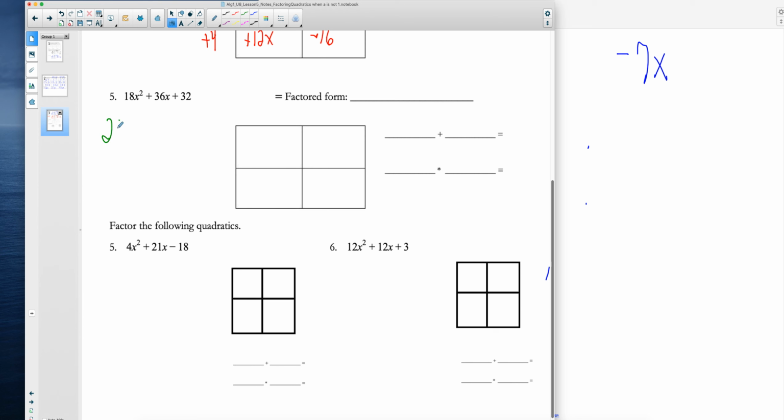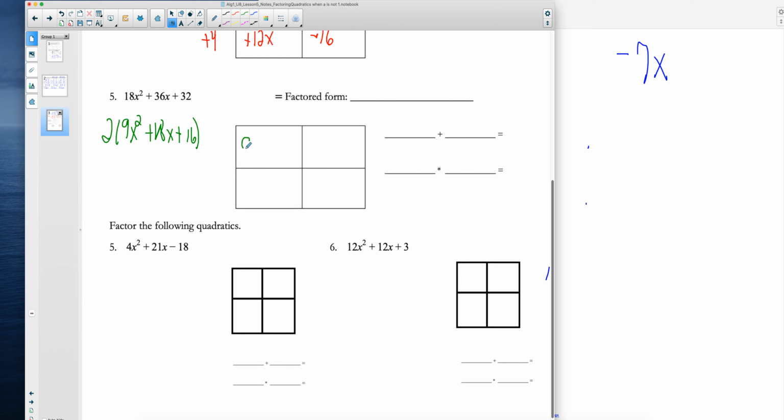All right, and that leaves us 9x squared plus 18x, and then plus 16. All right, and so now the issue is this.